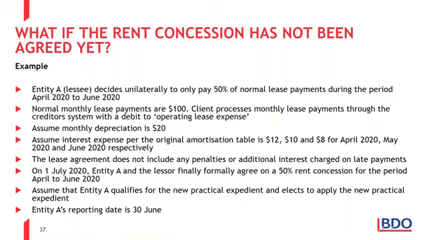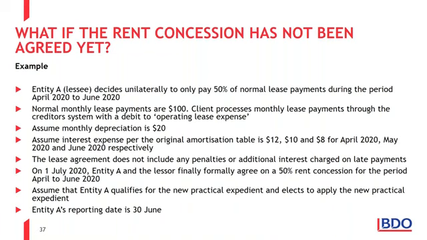And I'm saying, okay, so what are you doing at the moment? Some of them are saying, and I hear this very regularly, that in April, May, and June, for example, we've just decided, whether the landlord has agreed to it or not, to ensure our survival that we're going to pay 50% of the normal lease payments.